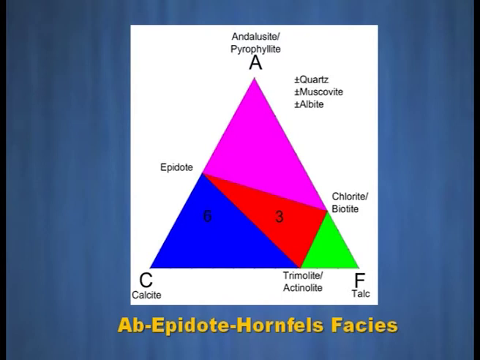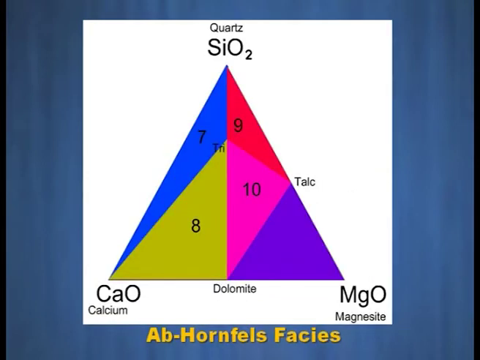On the basis of ACF and CaO, MgO and SiO2 diagrams, we can observe the other important calcareous assemblages: first is calcite, tremolite plus or minus quartz.